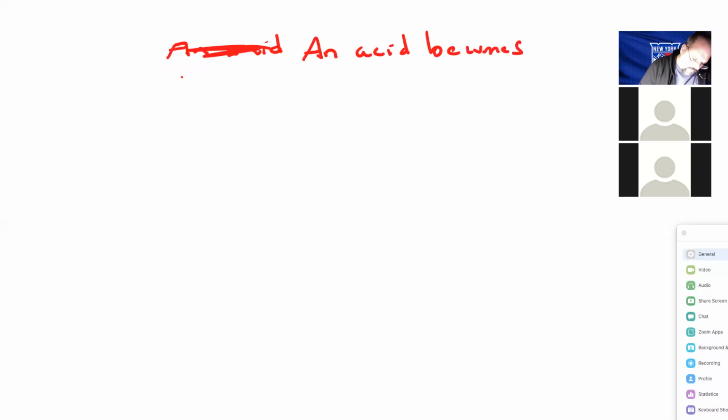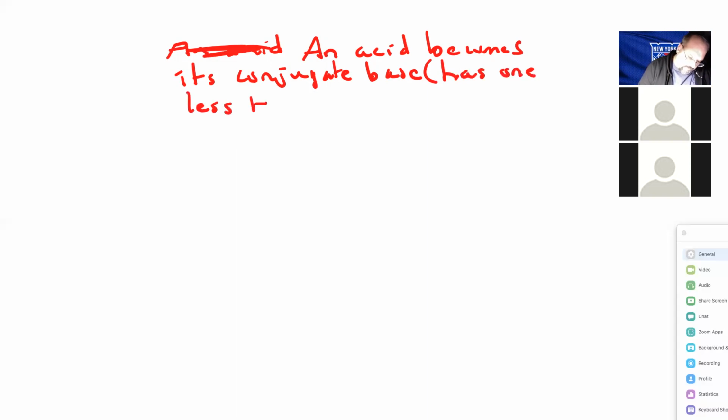Now, an acid becomes its conjugate base. What's the difference between an acid and the conjugate base? The conjugate base has one less proton.